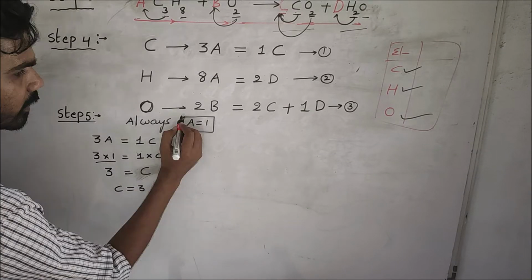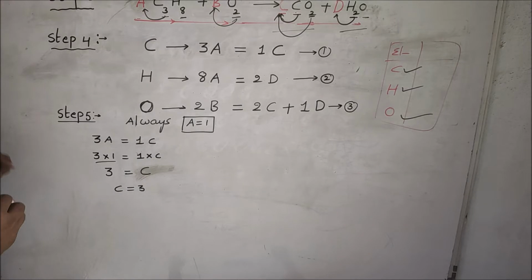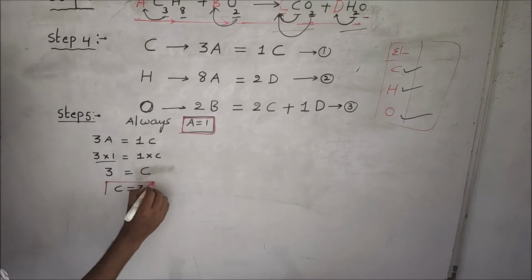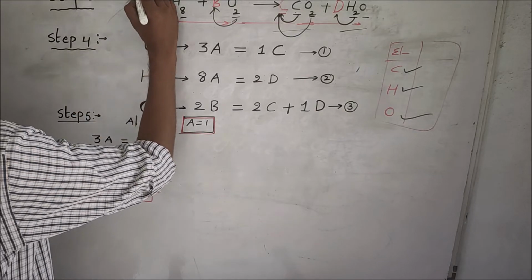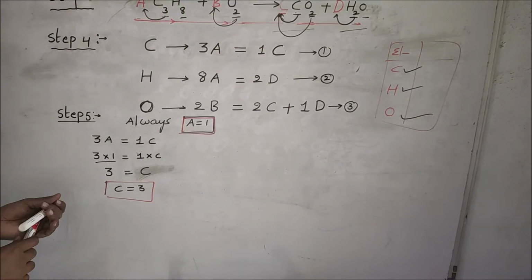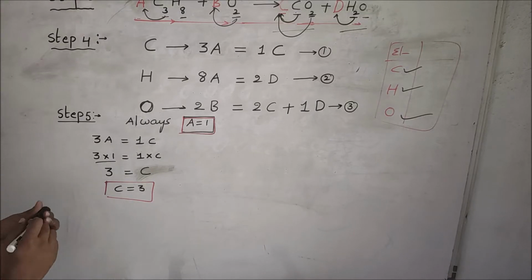We got A equal to 1, that is imagination. We got C equal to 3. We got A, we got C. Now we have to find the other ones.